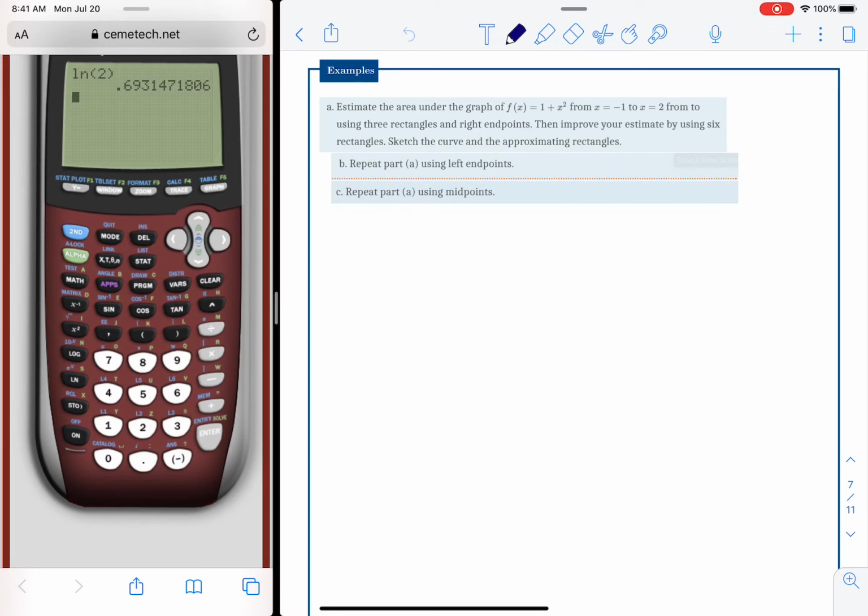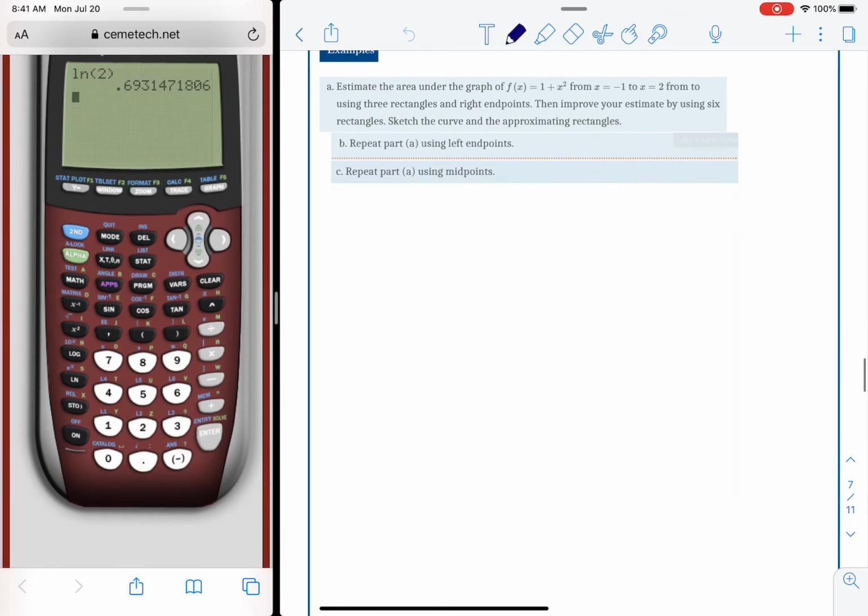Now, we're going to take 3 different approaches, one using left endpoints, the other using right endpoints, and midpoints.